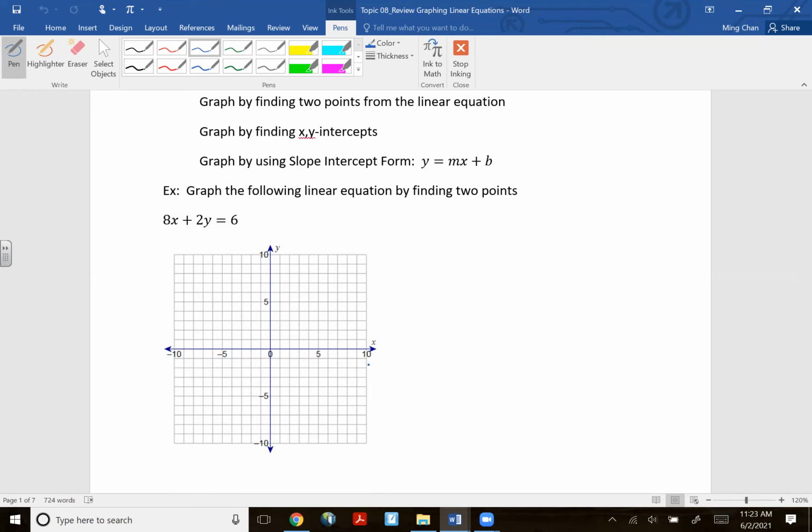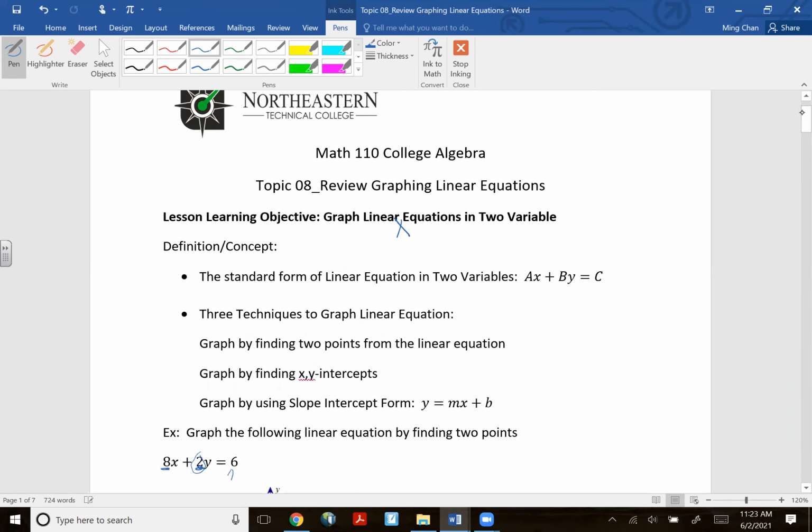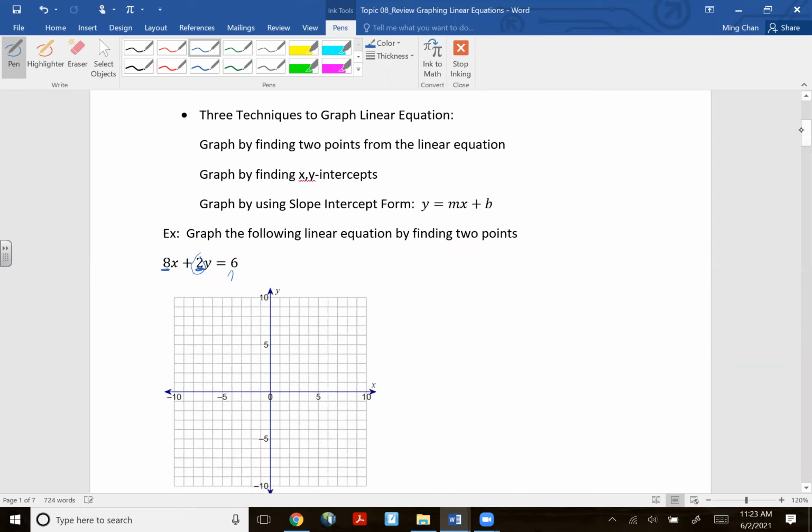So what number to pick for which variable? It doesn't really matter. You just have to look at it. A good trick is to look at the two numbers right in front of x and y. This is a standard form. Which one of these two numbers in front of x and y can go into this third number? 2 can, right? So if the number in front of y can go into the third number, then we will pick x. And what number do I pick for x?